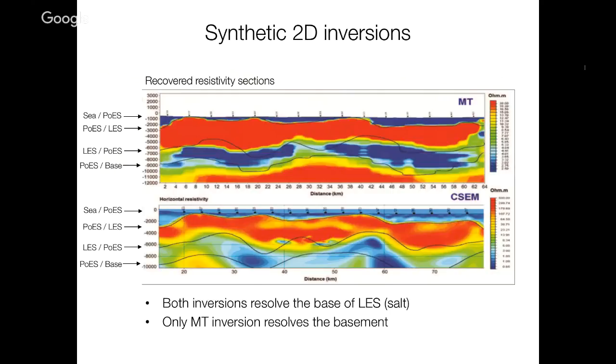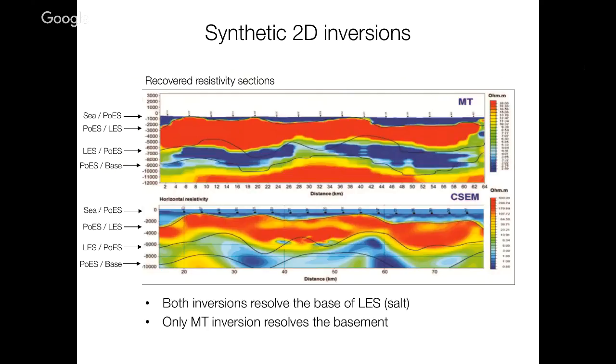You actually recovered this LAS part quite well. Then below the LAS, you got the conductive sediment, the post-salt, and then also the basement. So MT does a pretty good job figuring out the general structures.